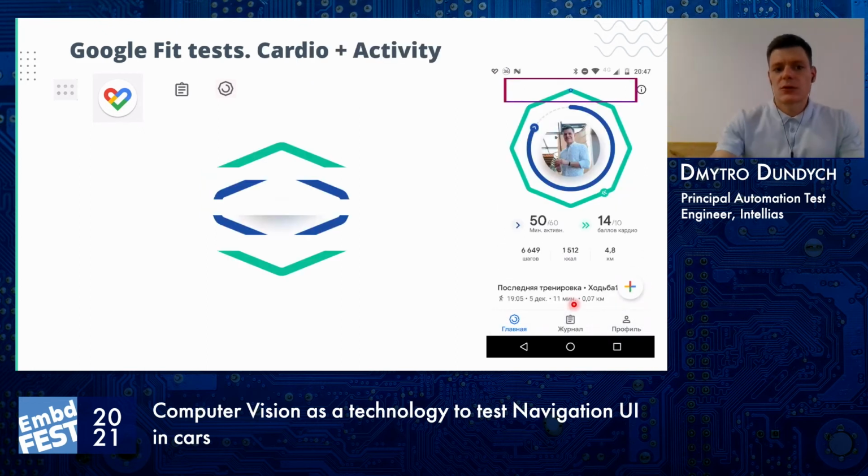There is another test for cardio activity. If you have a chart that changes from a circle to a pentagon to a rectangle, you can use it too. There are templates with corners that you can use to understand whether you achieved your goals or not. So it works okay too.